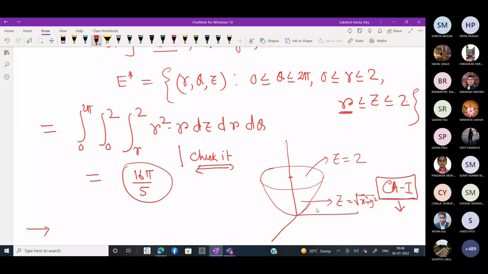This is the maximum, z equal to 2, and the minimum is z equal to square root of x squared plus y squared. If you draw the projection, it is 2 here and 2 here, with the y-axis, x-axis and z-axis. If you see this, you realize that z is running from the square root of x squared plus y squared, that is r, to 2.